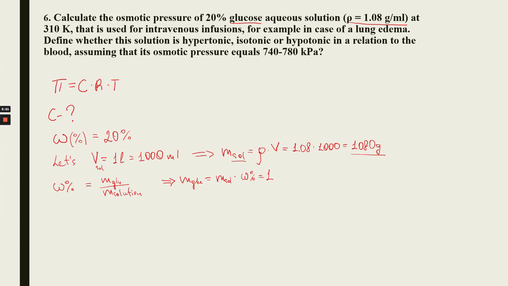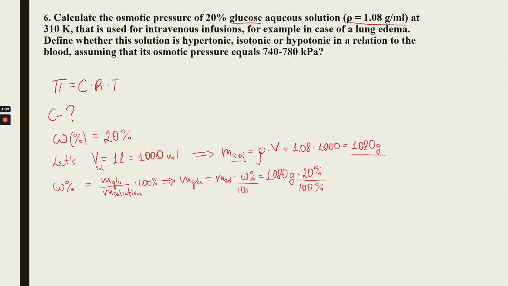We take 1080 grams and multiply it by 20%. And as we have to cut the percent, we have to divide here by 100%.